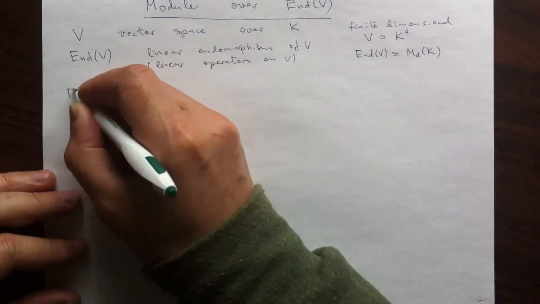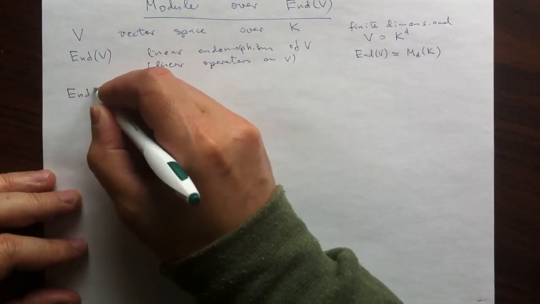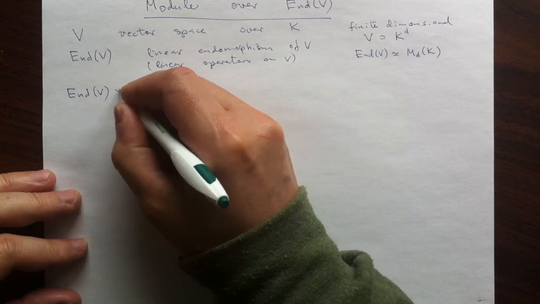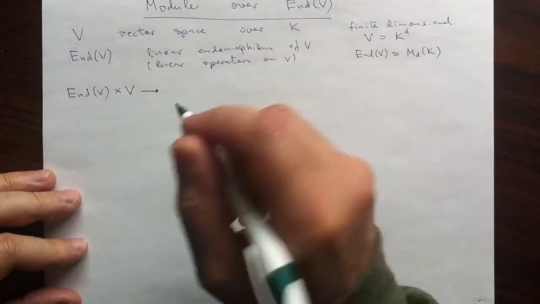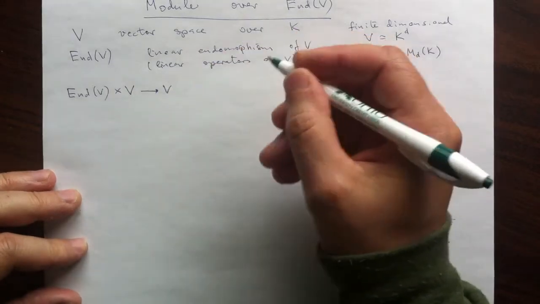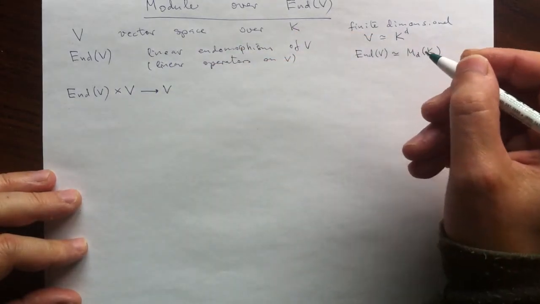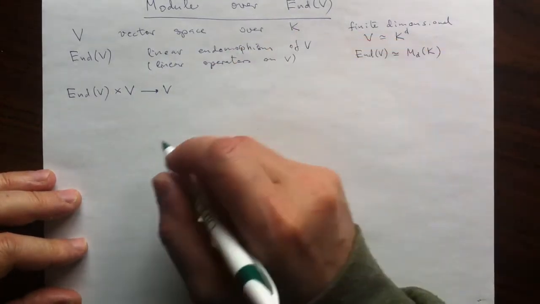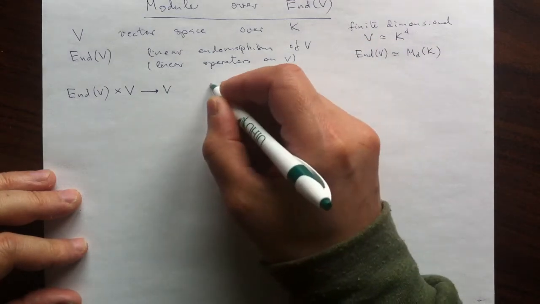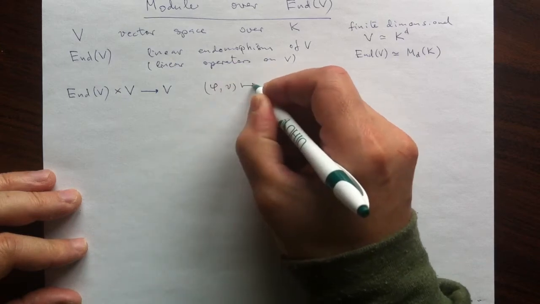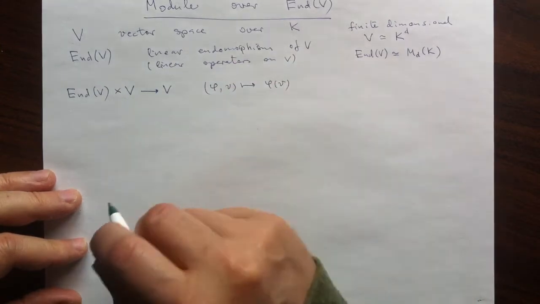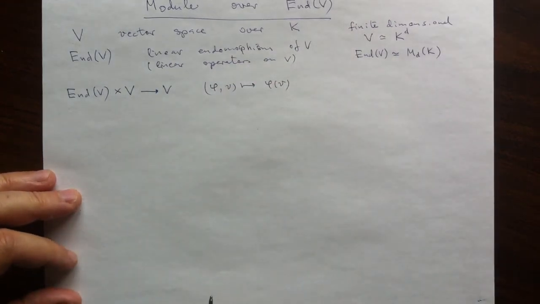So the first observation is that we have a natural pairing between endomorphisms and vectors, or matrices and vectors, and that in matrix form is multiplication, in this coordinate-free form is just applying the endomorphism to a vector and getting the answer for this endomorphism on this vector, which is a vector again.